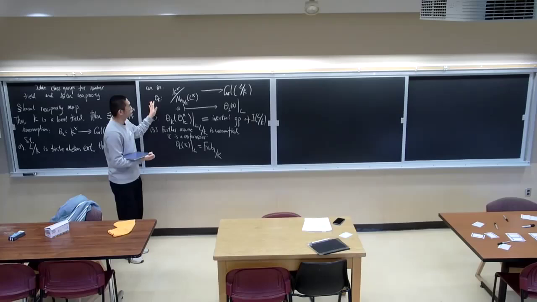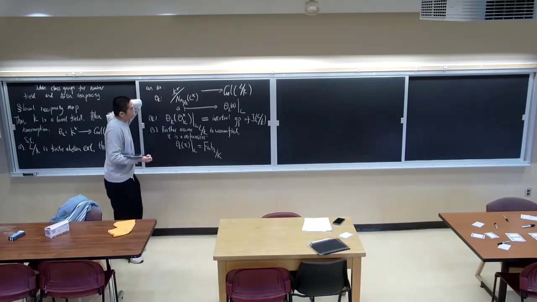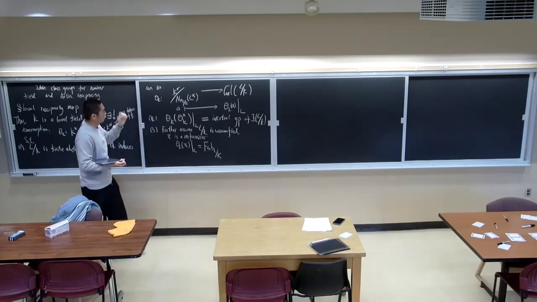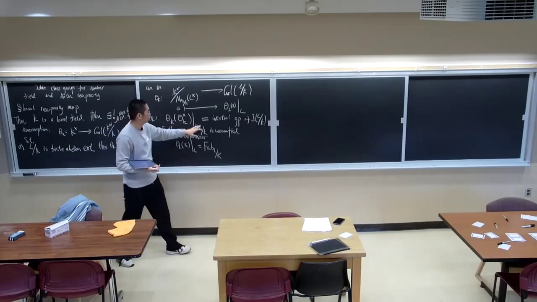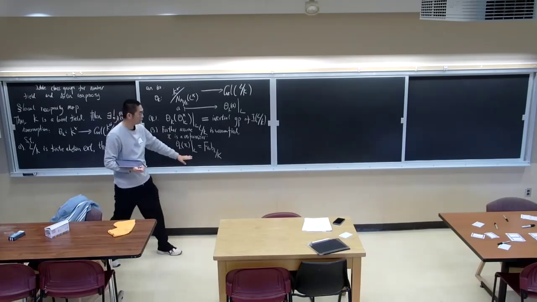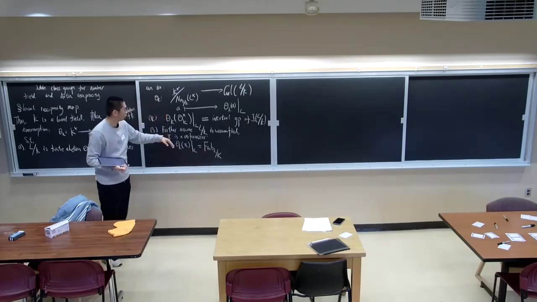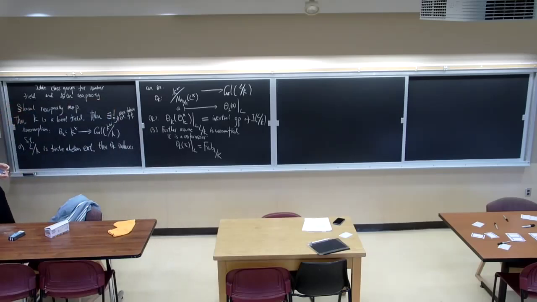So this map gives you a description of the abelian extensions of a local field, and under this map the unit group is mapped to the inertia group, and the uniformizer is mapped to the Frobenius element if the field extension is unramified. This map is very useful because it gives us a classification of the Galois groups of abelian field extensions.